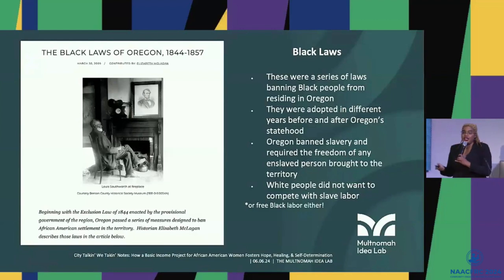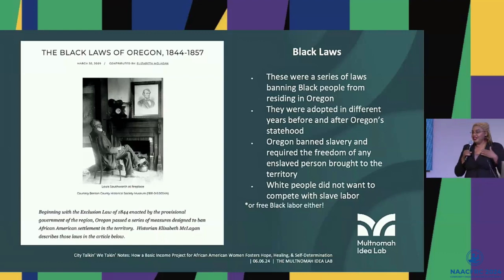So in Oregon, famously, we had Black exclusion laws. Oregon enters the Union in 1857, and it enters as a non-slave holding state. And it also said that Black people could not reside in the state at the same time.